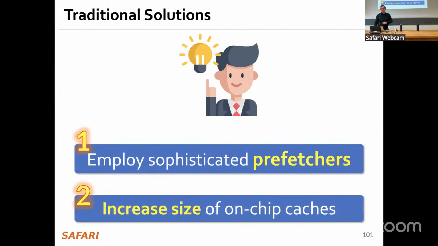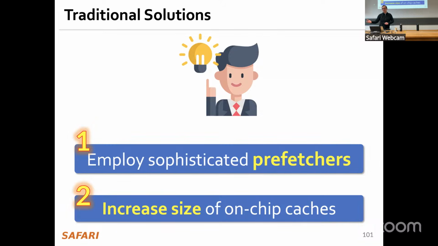Traditional solutions, we've seen a lot of them. We've seen a lot of prefetchers. Increasing the size of the on-chip cache is also important, and people are doing that, but it's very inefficient. These are processor-centric mechanisms, as we have discussed, although they could be applied in memory-centric systems also. One other important question in future designs is, what kind of prefetcher or mechanisms do you use for memory-centric systems, processing using memory, processing near memory?